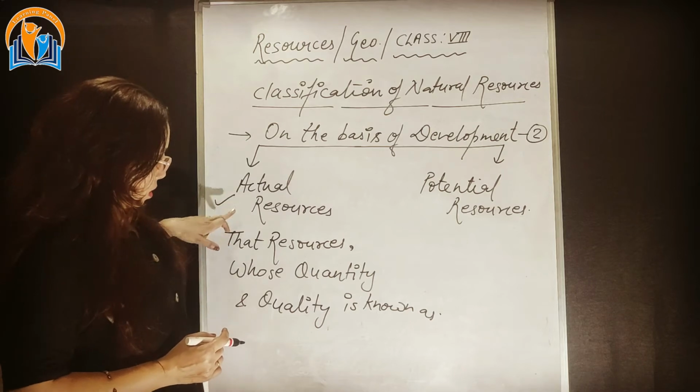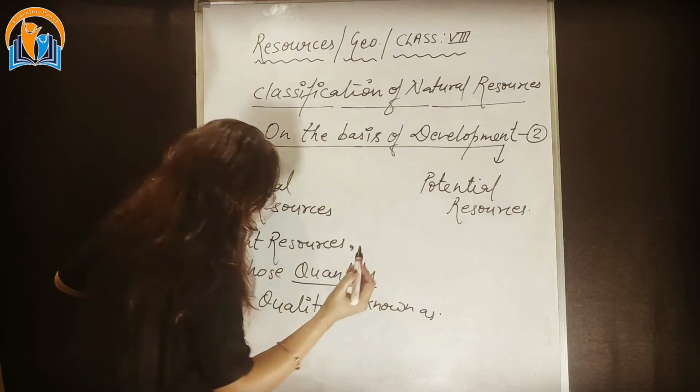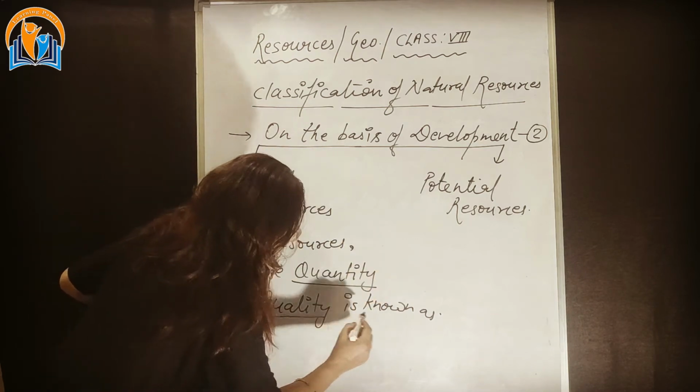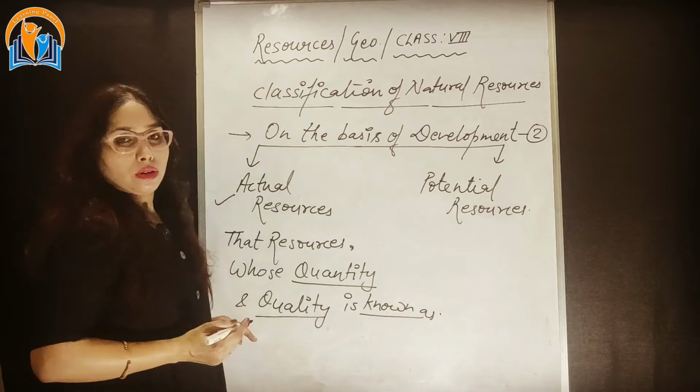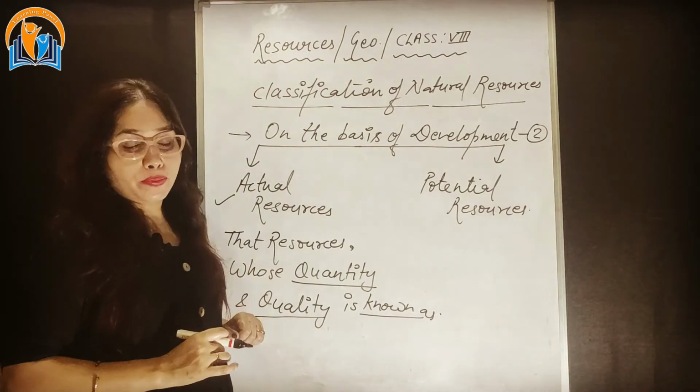Actual resources: those resources whose quantity, underline, and quality is known, are called actual resources.